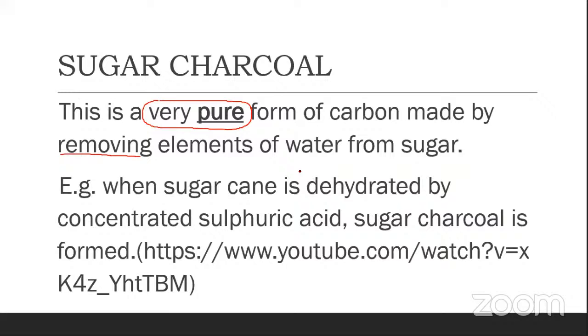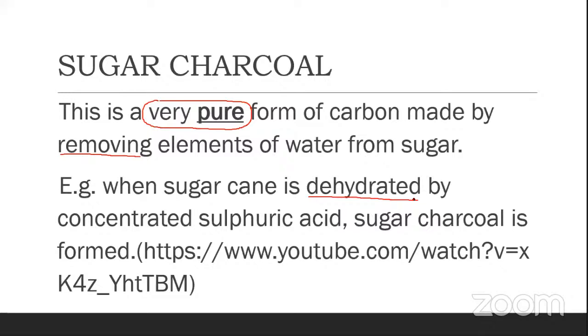Remember, sugar is crystals, and one of the properties of crystals is that they contain water of crystallization. So what is done here, we add the acid which will remove the water of crystallization. That's why when sugar is dehydrated, meaning the water is removed, we call it dehydration.